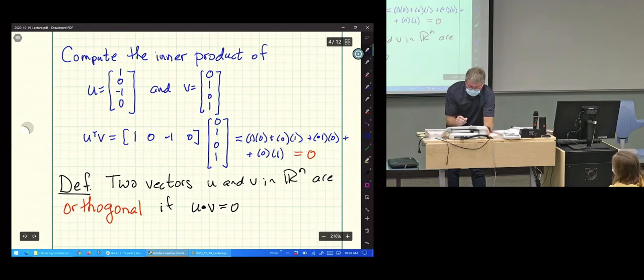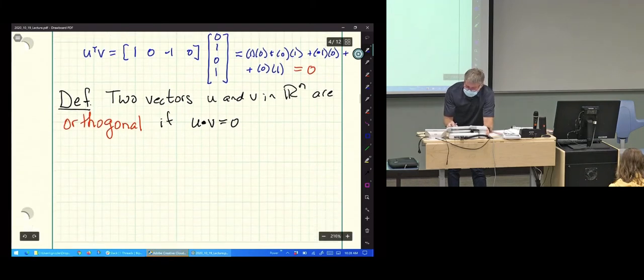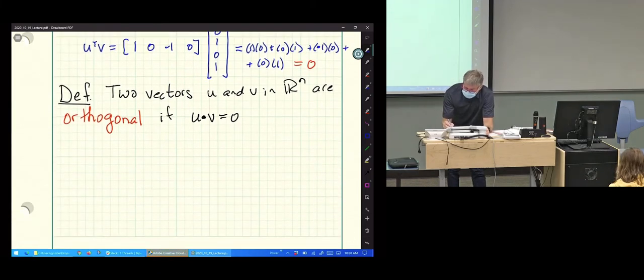So these vectors we just computed, u and v up above, their dot product was 0. They're actually orthogonal vectors. And there's a cute little notation people use.